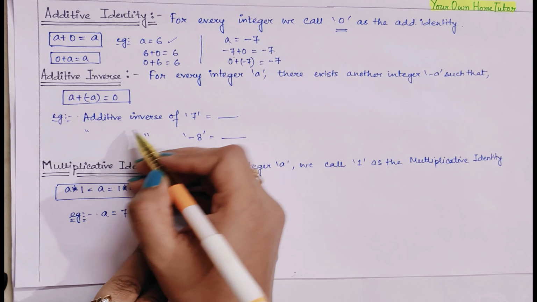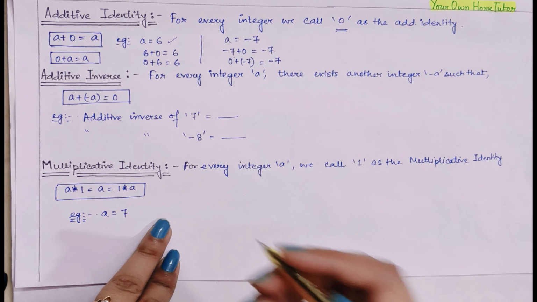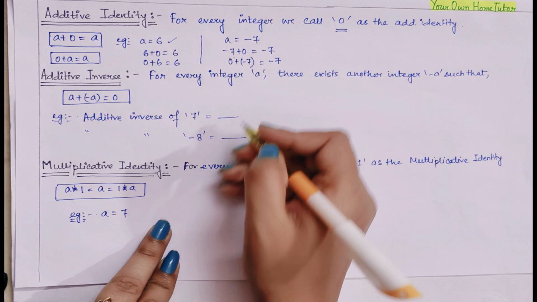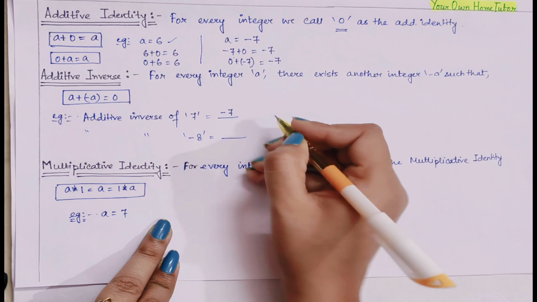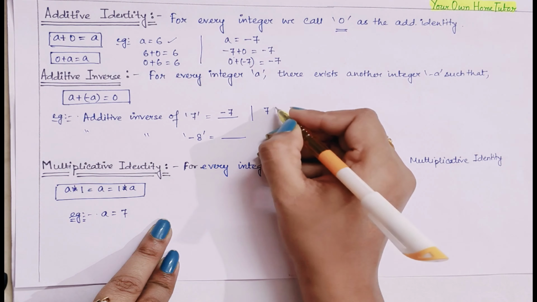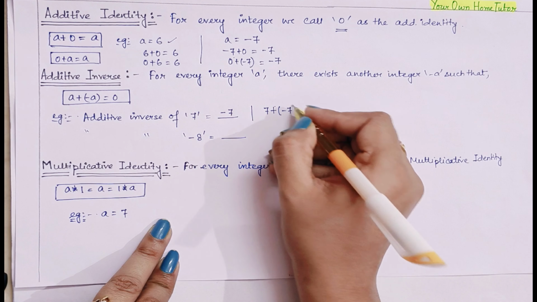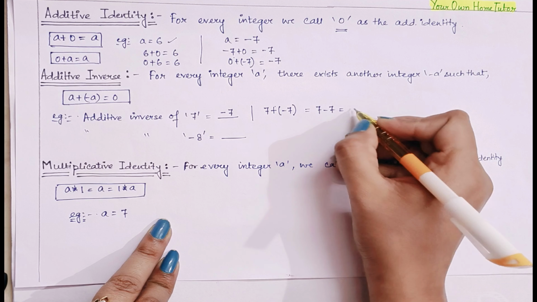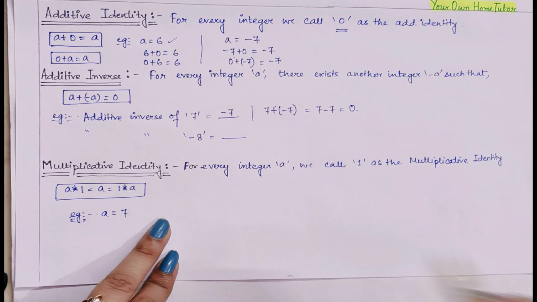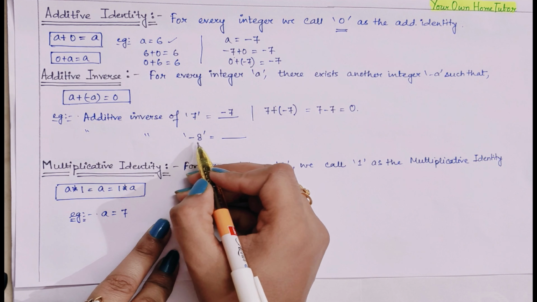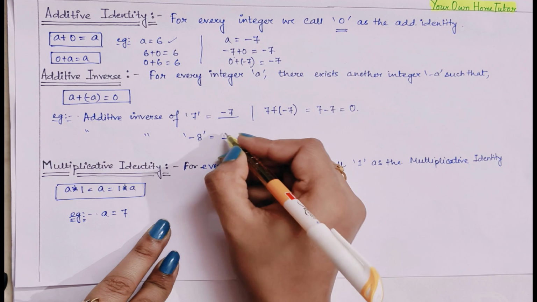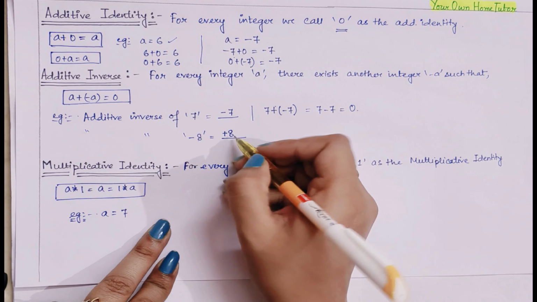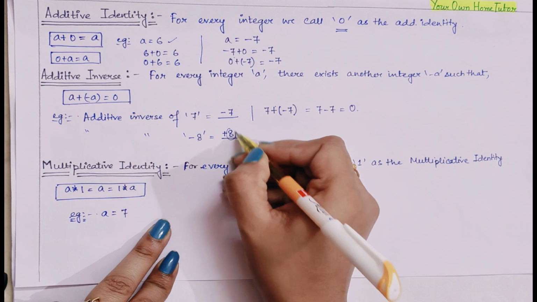How do I say that? If I have an integer, say 7, then the additive inverse of 7 will be minus 7. Why? Because if I add 7 with minus 7, that is 7 plus minus 7, it will give me 0. Again, the additive inverse of minus 8 will be simply plus 8, but we don't write plus, so it will only be 8.